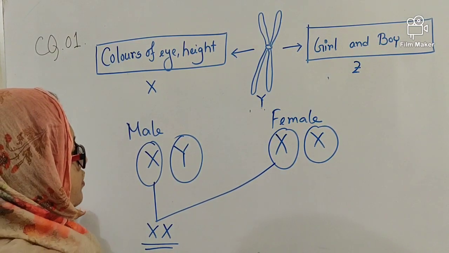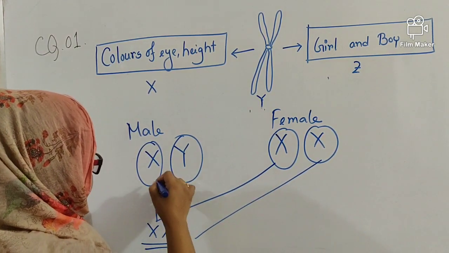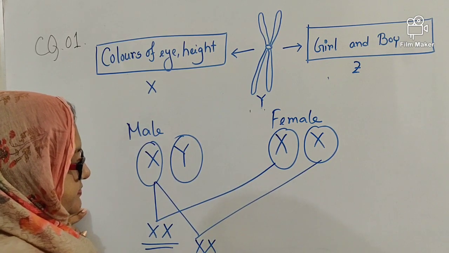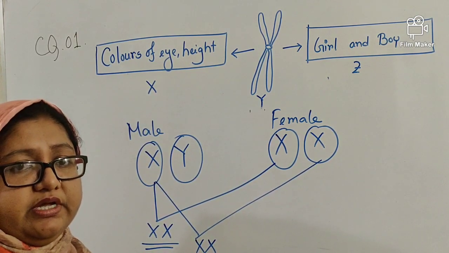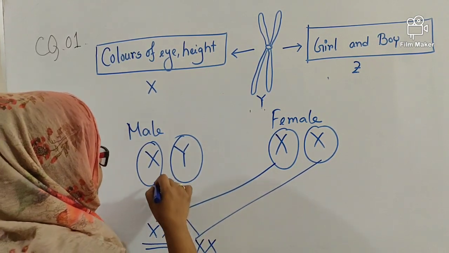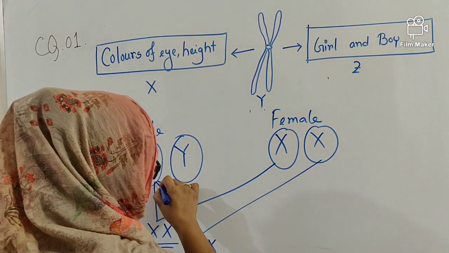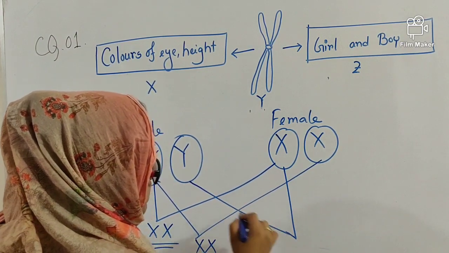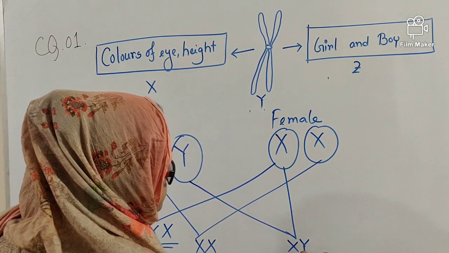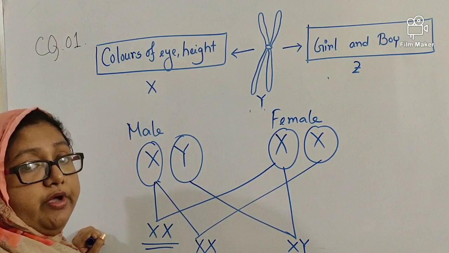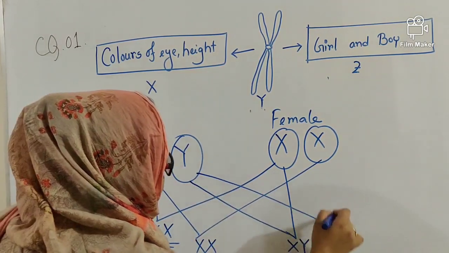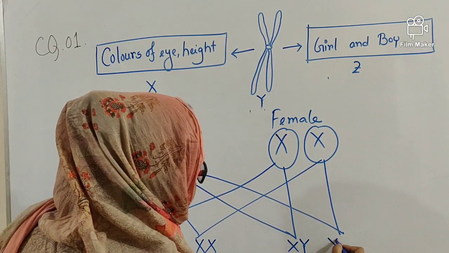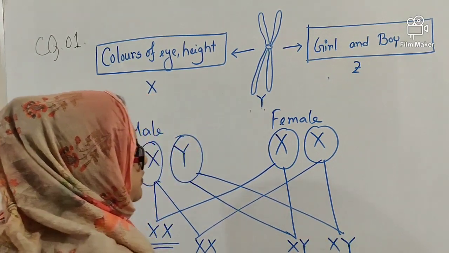Now, if this X also fuses with the other X, it will also form X and X. That means this will also be a baby girl. But if this Y fuses with X, that will be X and Y. This will be a baby boy. And if this Y again fuses with another X of a female, that will also be XY.